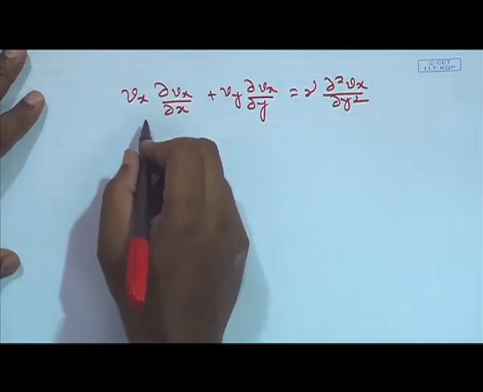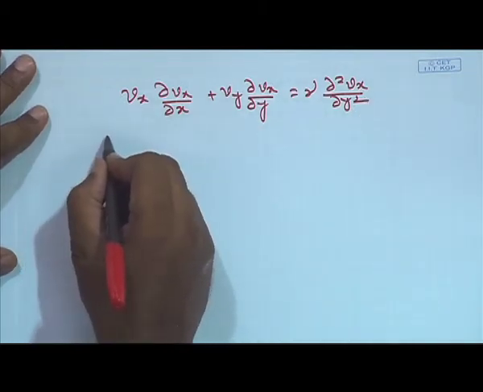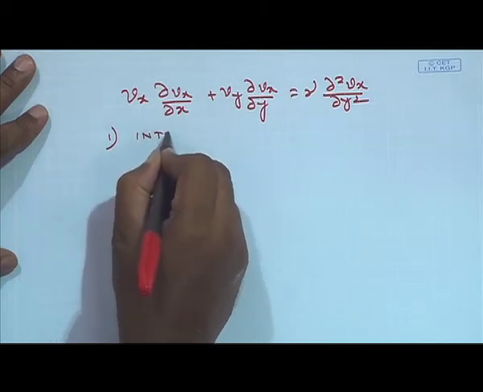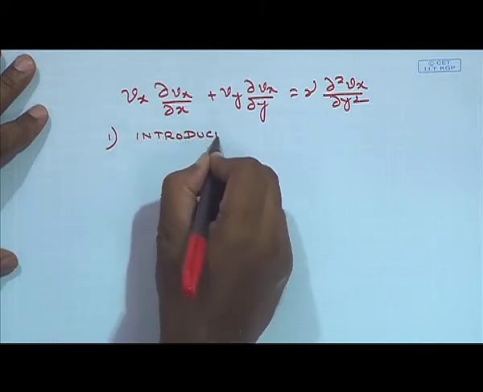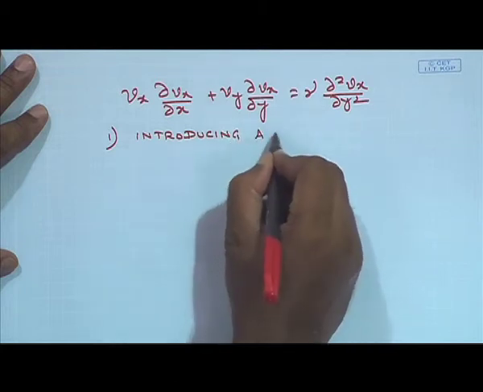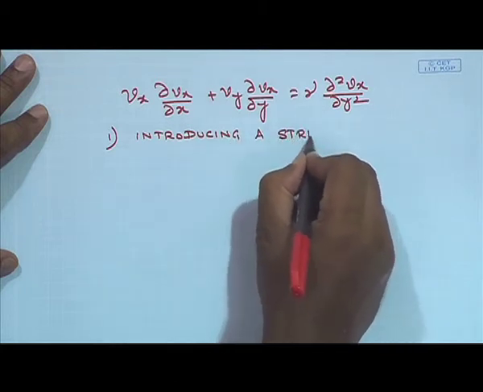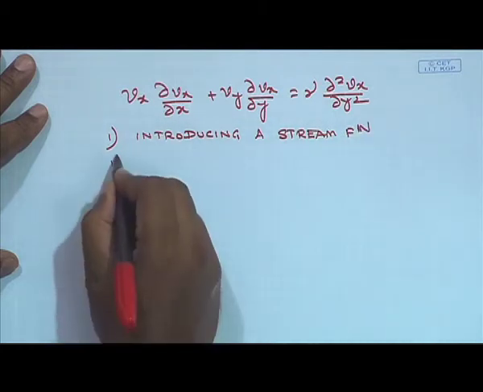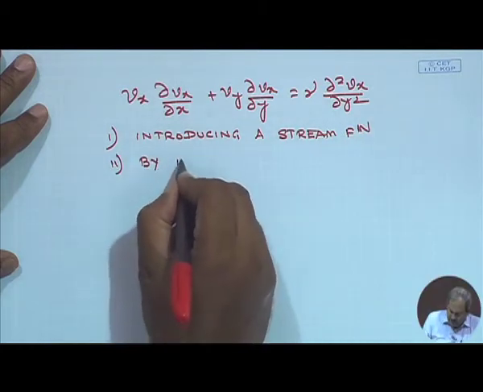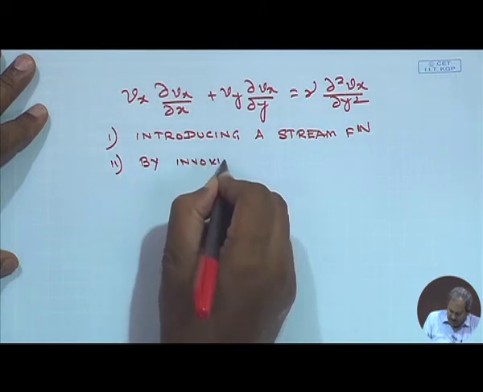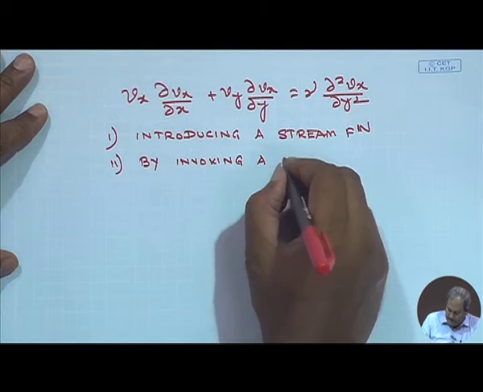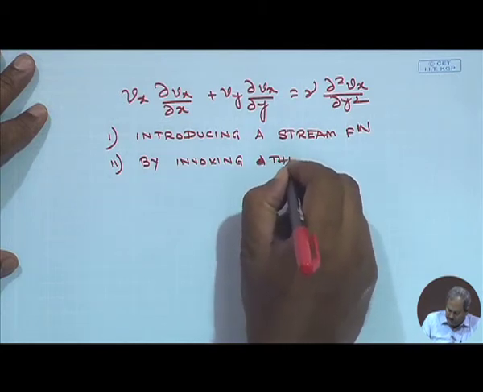can now be handled first by introducing a stream function, and second by invoking the method of combination of variables.